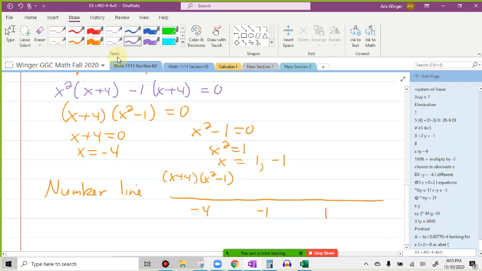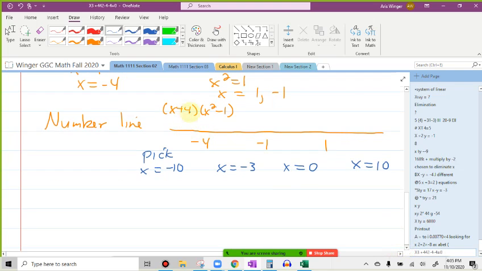and see whether you're positive or negative in each one of these sets. Pick x equal to negative 10 here, x equal to negative 3, x equal to 0, and x equal to 10. And we're just checking positive or negative when we plug in to x plus 4 times x squared minus 1. Negative 10 plus 4 times negative 10 squared minus 1 is going to be a negative 6 times a 99, negative.